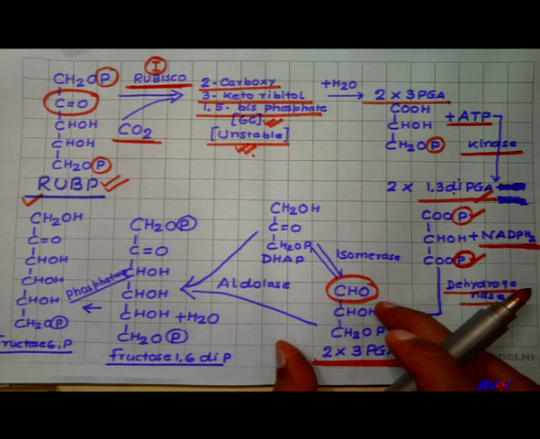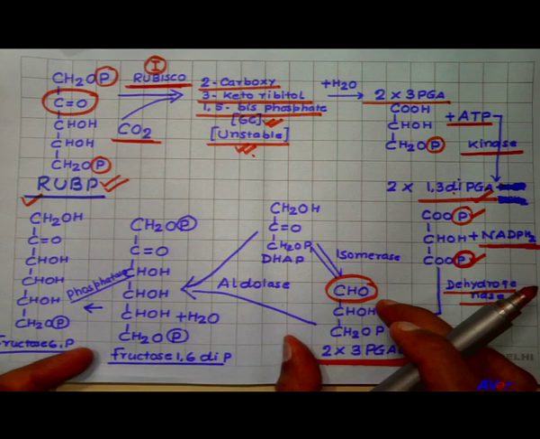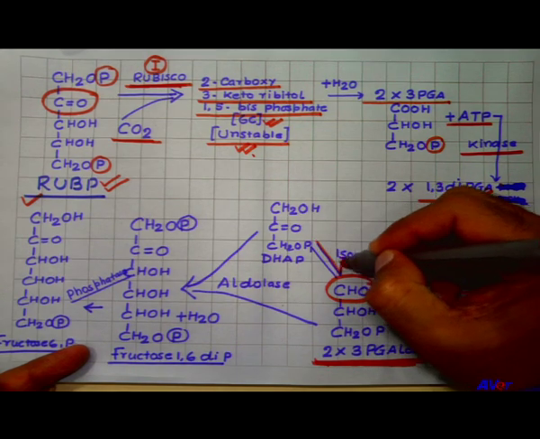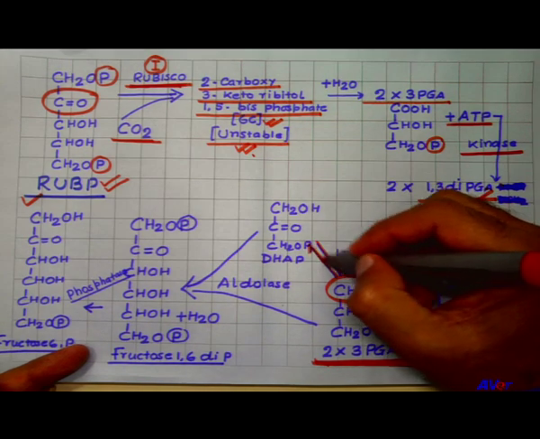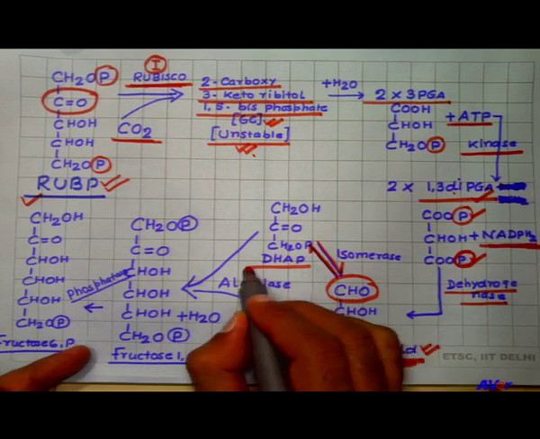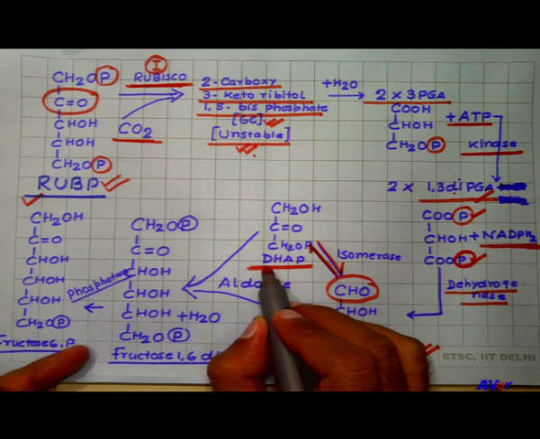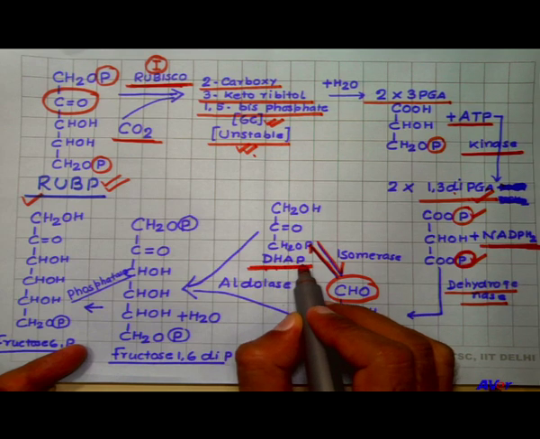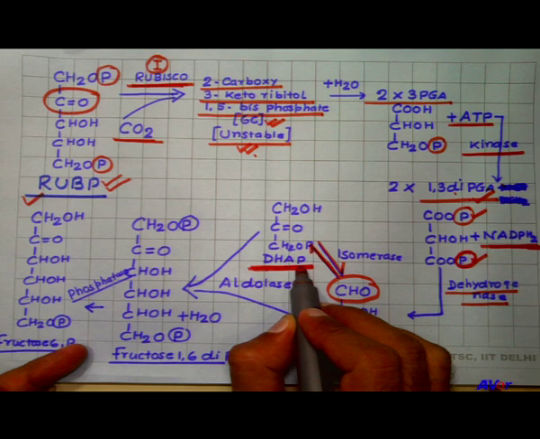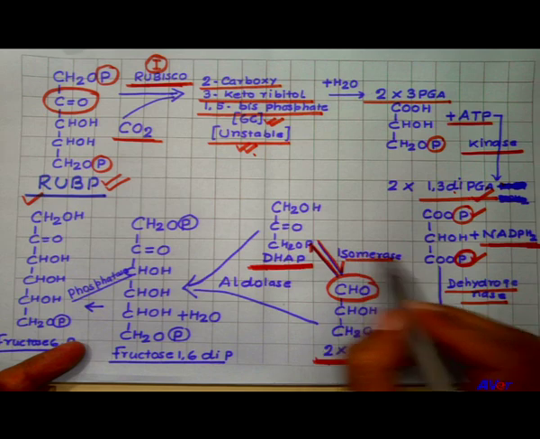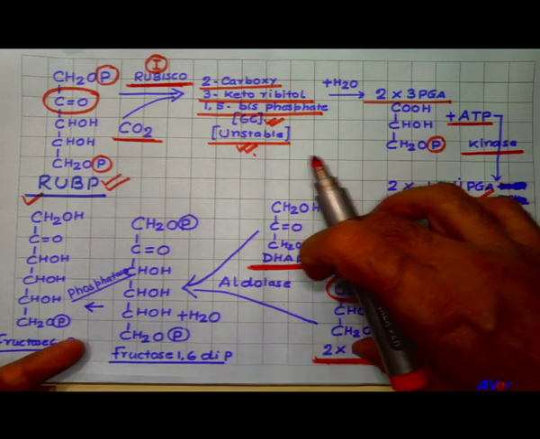This phosphoglyceric aldehyde, with the help of the isomerase enzyme, is changed into another molecule that we have already discussed in biomolecules, called dihydroxyacetone phosphate. This dihydroxyacetone phosphate, with the help of isomerase, is interconvertible.